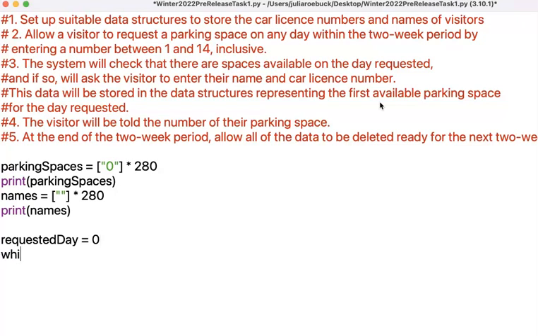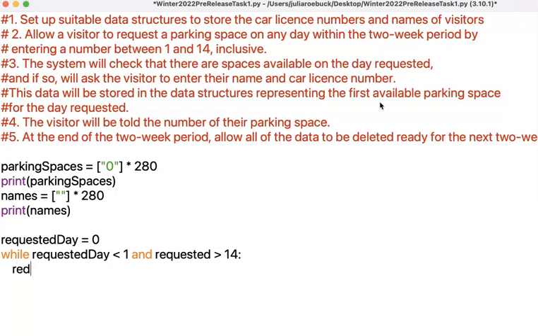Then I'm going to do a while loop, and this is going to be my validation check. So I'm going to say while requested day is less than 1 and requested day is greater than 14, then we're going to keep asking them to enter it.